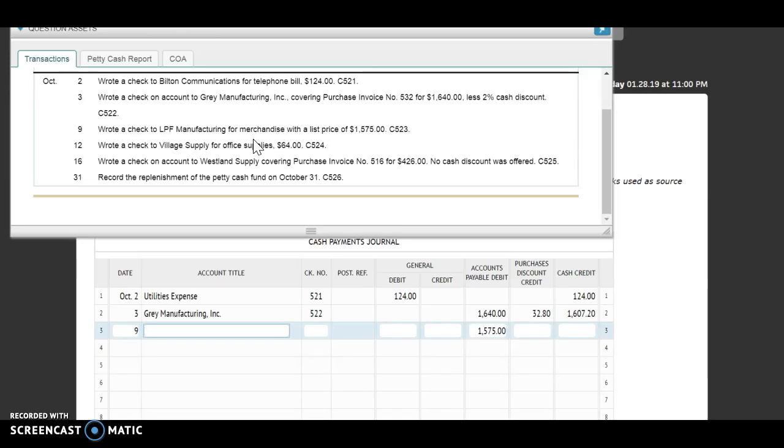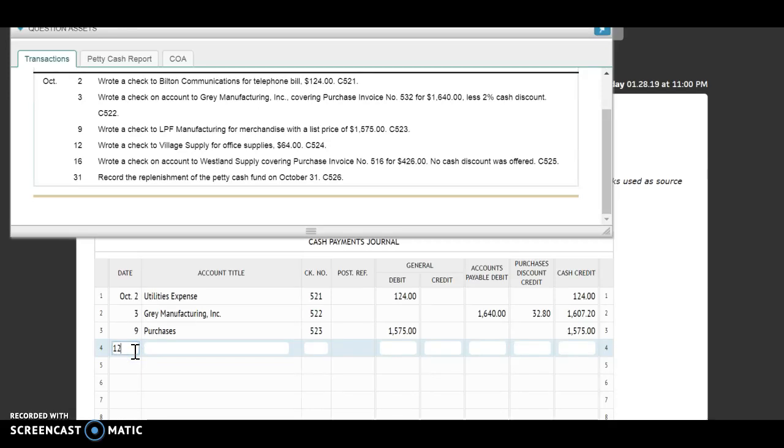We don't owe them money. We're buying merchandise with cash. That's all we need to know. So this one, we're actually going to debit our purchases account. So I'm going to put it in my general debit column. I'm debiting for $1,575. And then I'm going to credit cash for $1,575. Check number 523.